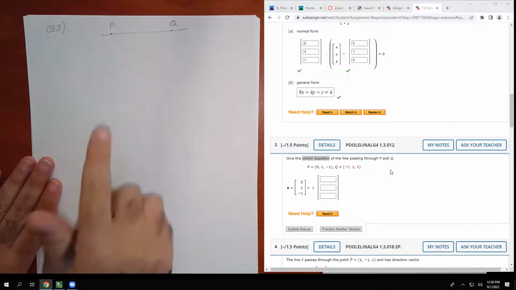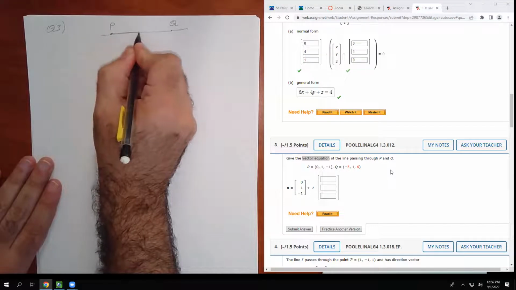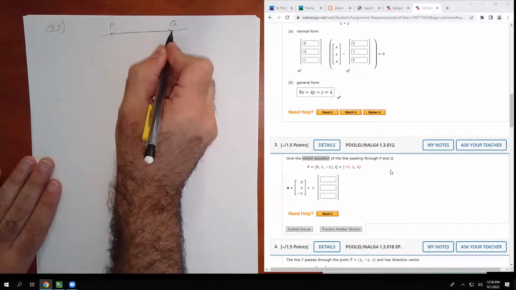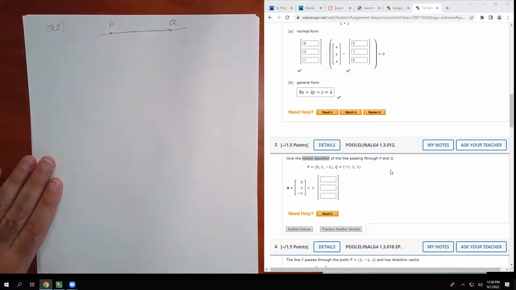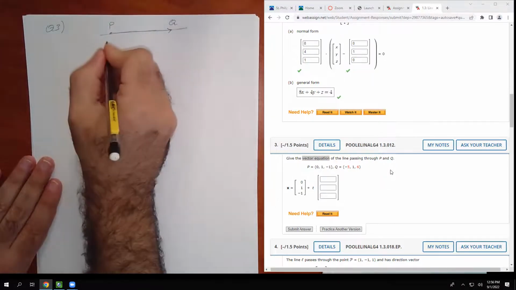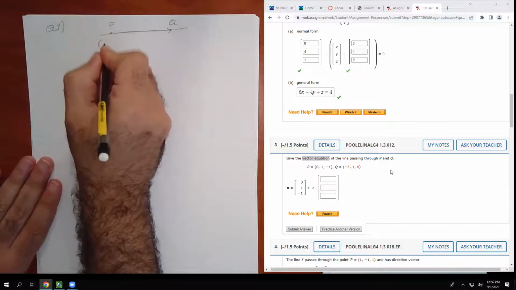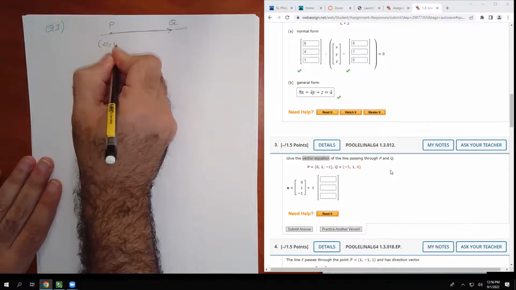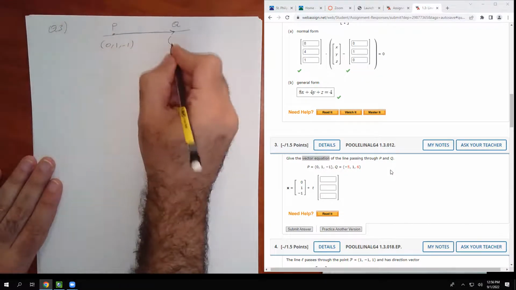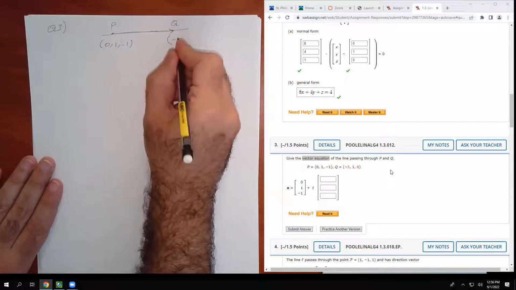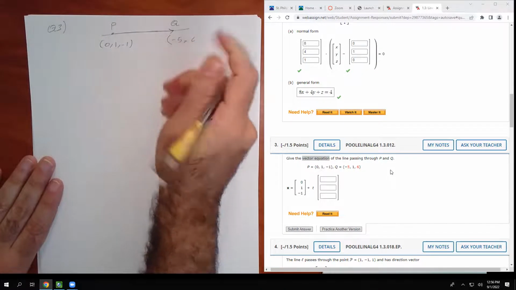So can I find a vector from the point P to Q? The P is the point 0, 1, -1, and the Q is the point -5, 1, 6.